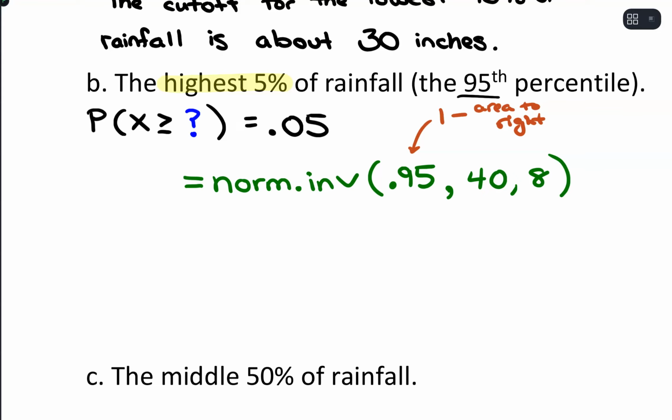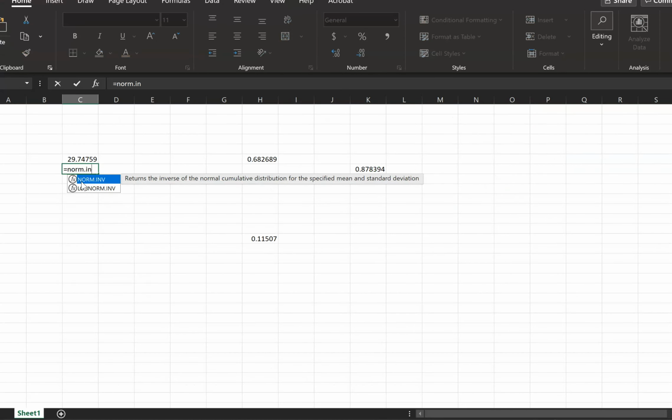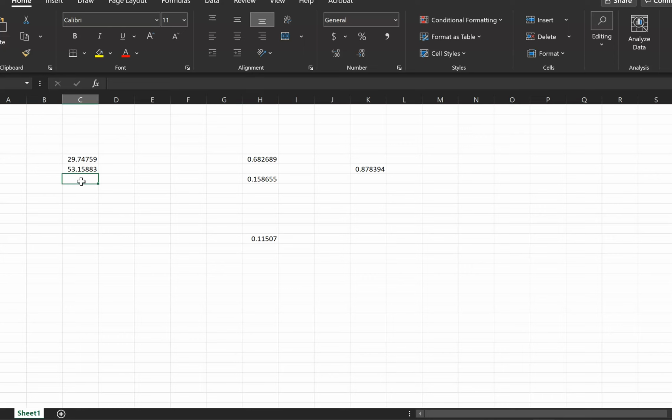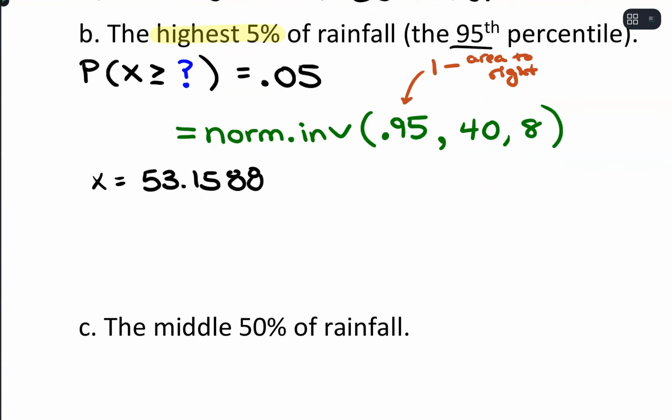So from that, we go to Excel, equals norm.inv, we're using 0.95 and 40 and 8. I'll get 53.1588. So then the wording of the answer, we can talk about the cutoff for the highest 5% of rainfall.